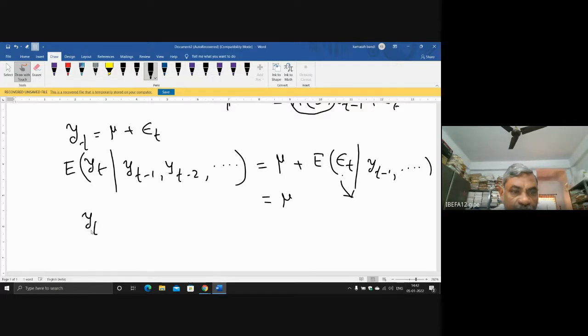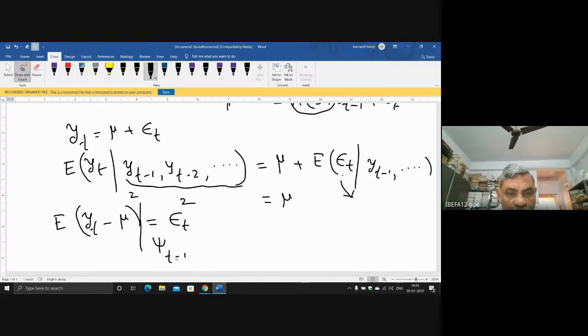Then if you take y_t minus mu, this is your epsilon_t. And (y_t minus mu) whole square is epsilon_t squared. Take expectations on both sides, again conditional expectation. This whole information set you may call psi_{t-1}, just for the sake of brevity.